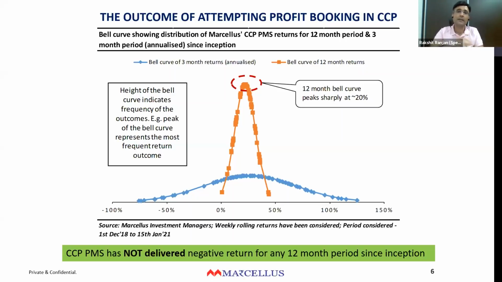On a weekly basis, if you pick up 12-month investment time periods since Marcellus CCP inception, you would get the orange curve, which peaks at around 20%, has no negative data point, not even a single instance of 12-month negative return, and 80% of all data points are above 16-17% 12-month return, right? Which then makes it completely futile to book profits in a portfolio like this, right?